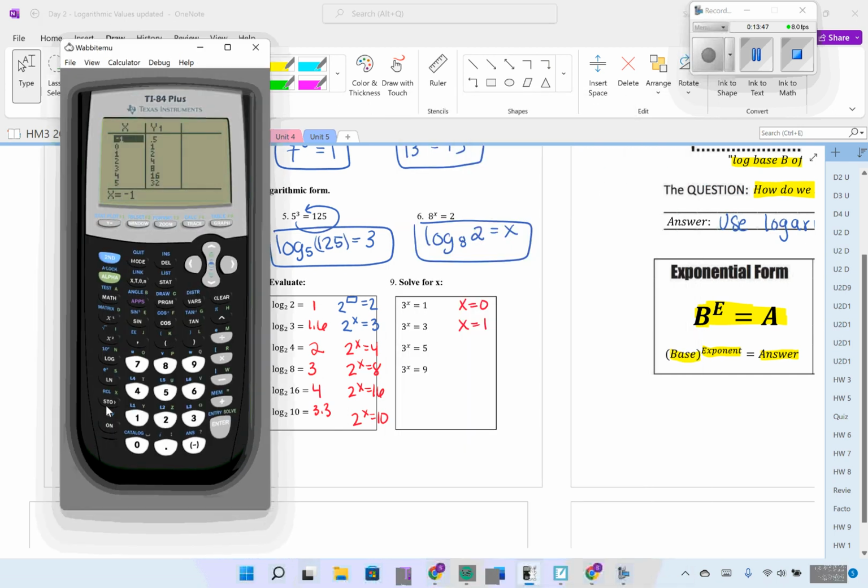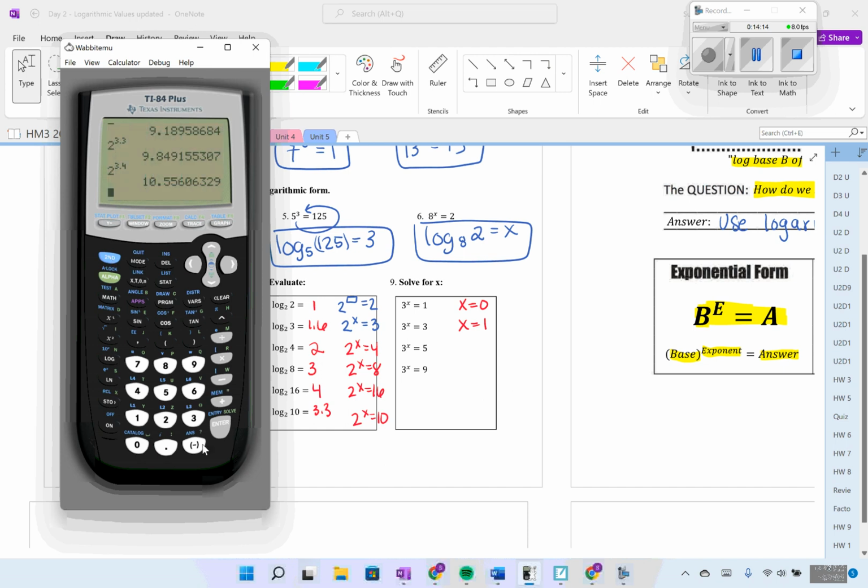And in your y equals, if you plug in now 3 to the power of x and hit your table, notice that 5 is in between an x value of 1 and 2, and 5 is closer to 3 than it is to 9, so it would be closer to the x value of 1.